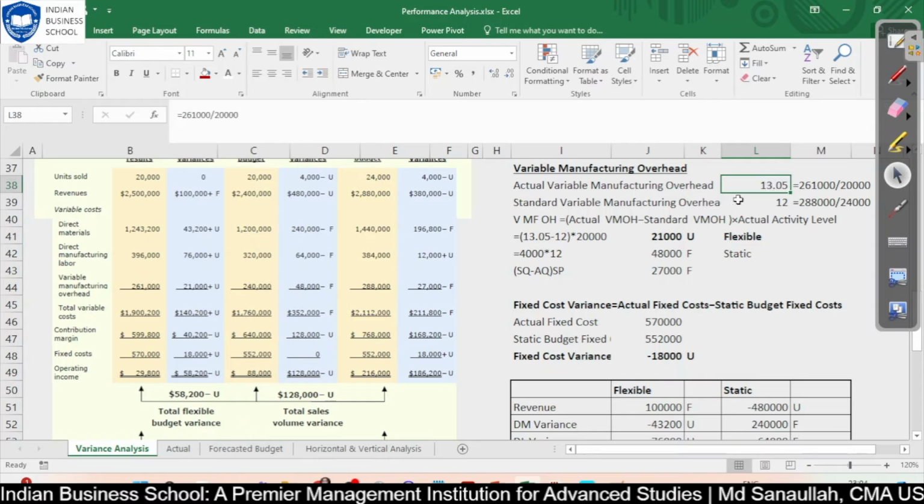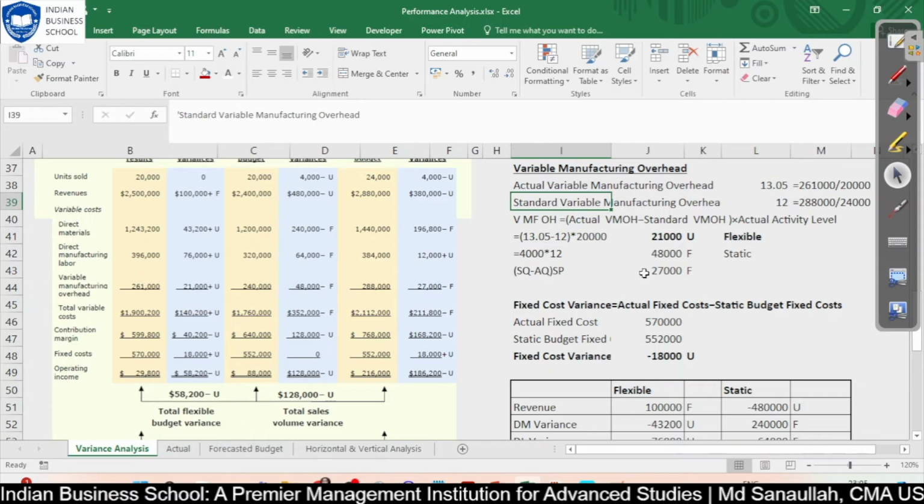For standard, we will take the standard price and divide by the standard quantity. This is based on the static budget, your budgeted variable manufacturing overhead cost. You divide by quantity, and you get your standard variable manufacturing overhead cost per unit. So we got the same rate for the variable and standard manufacturing overhead cost.